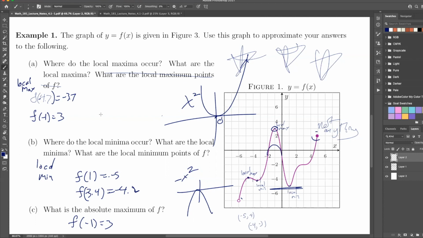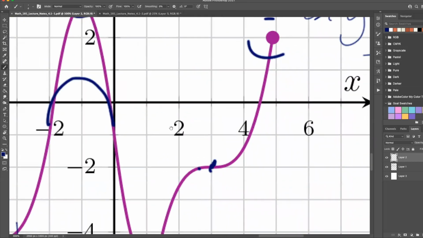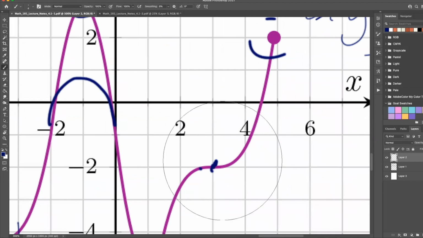Wouldn't the point at 2.6, negative 2 be a local max? Oh, okay, so right here. Notice right here, that's what you're talking about, somewhere around here, right? If I zoom in here, at no point does this actually go up.